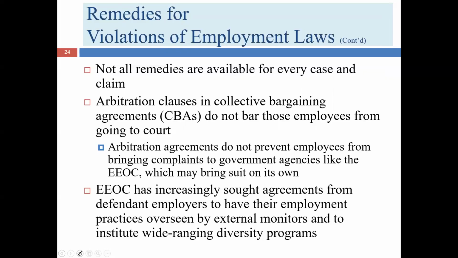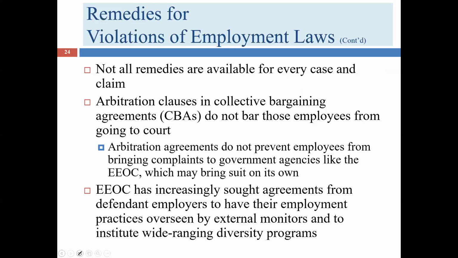It is possible for a collective bargaining agreement to have an arbitration clause. We talked before about arbitration, and I said how important it was for the employee to understand the agreement and, on his or her own, to decide to sign. That's true in most arbitration agreements. But in the case of a collective bargaining agreement, and this is in the union context, the workers together negotiate with the employer to come up with the terms of this agreement.